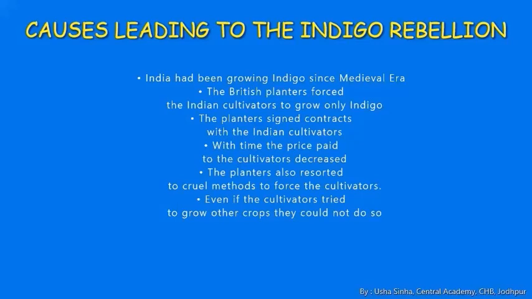Even if the cultivator wanted to grow other crops, he could not do so. The cultivation of indigo also destroyed the fertility of the soil, and these were the reasons of the indigo rebellion of Bengal.